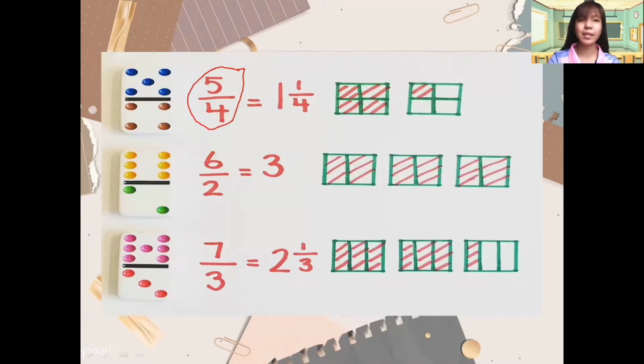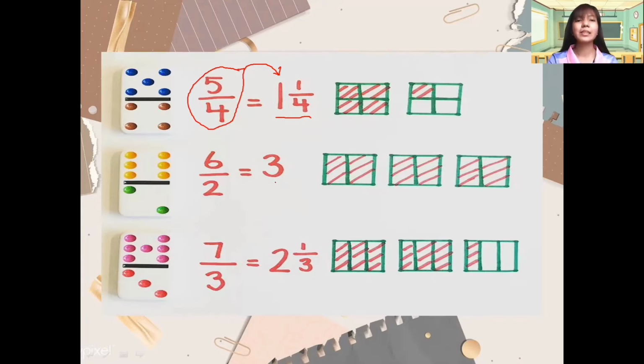If your answer is an improper fraction, then you have to make it into a mixed number. This will be the final answer. So how many 4s are there in 5? It's 1, right? And then what's the number left? 1. And then copy the denominator.